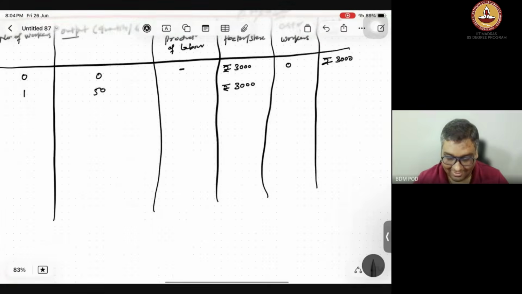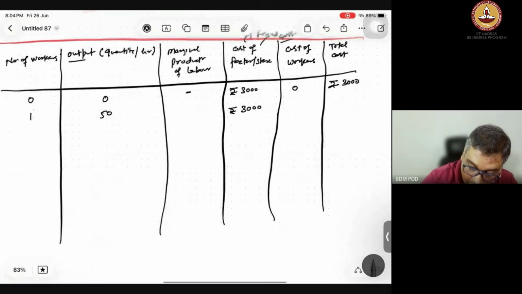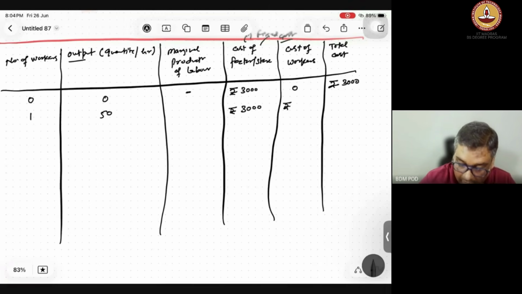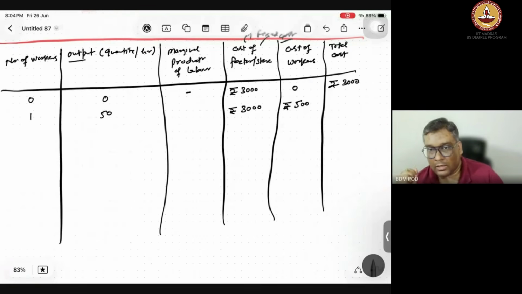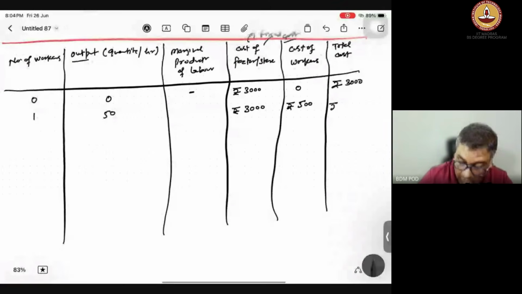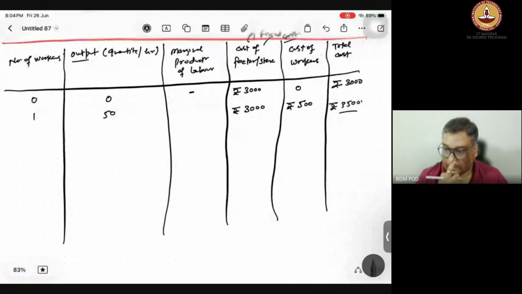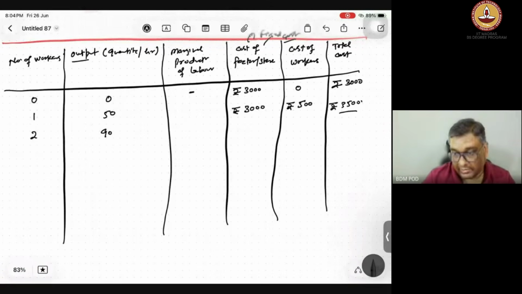Great. So now the cost of worker is how much? Suppose per worker, the business owner has to pay 500 rupees. So 500 rupees is the cost of worker. So total cost now comes out to be 3,500. Fine. Now if I hire 2 workers, my production increases to 90.